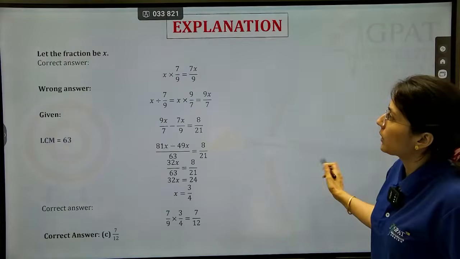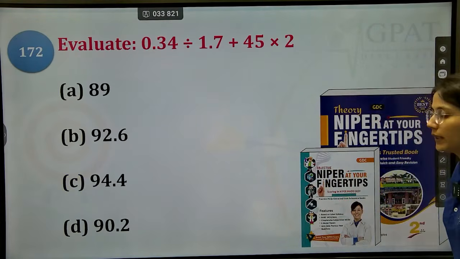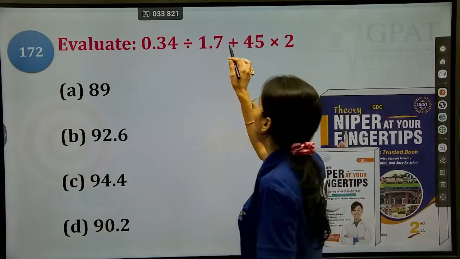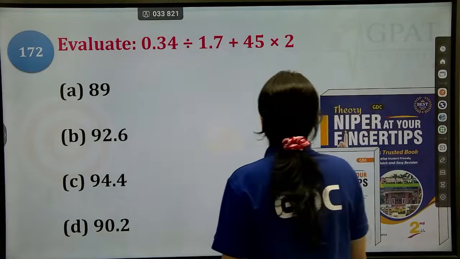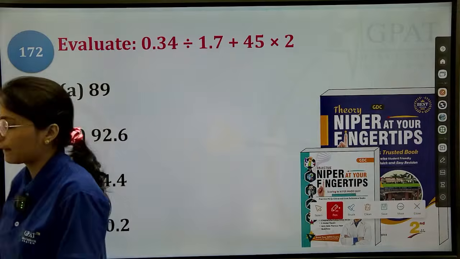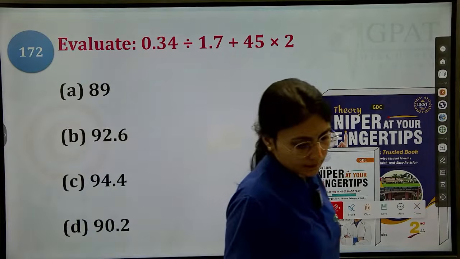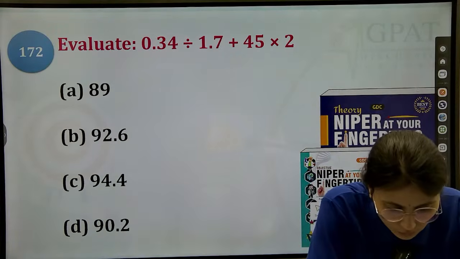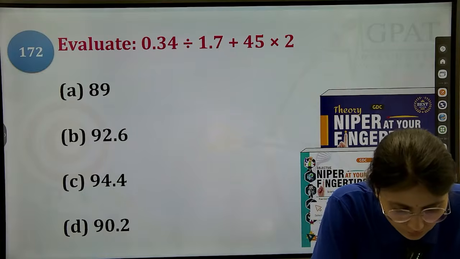That is question number 172. You have to evaluate 0.34 divided by 1.7 plus 45 multiplied by 2. So the answer is what? Give the answer quickly.